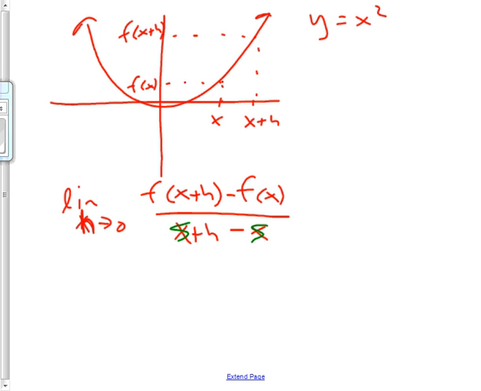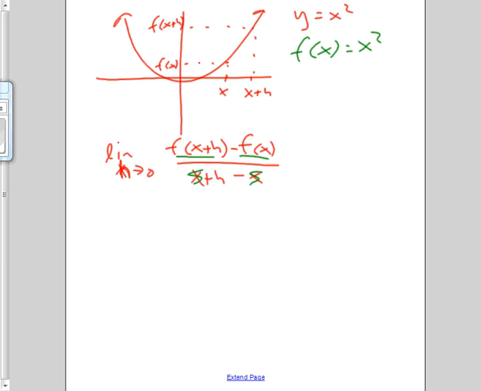Okay, so you've seen me write this a bunch of times, and you're probably wondering, well, what do we do next? So let's actually evaluate these functions, because my function is f of x equals x squared. So if I evaluate f of x plus h, we're putting x plus h into my function.